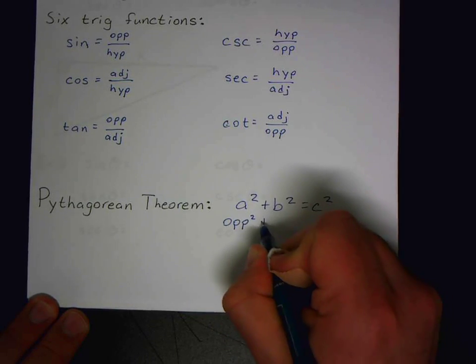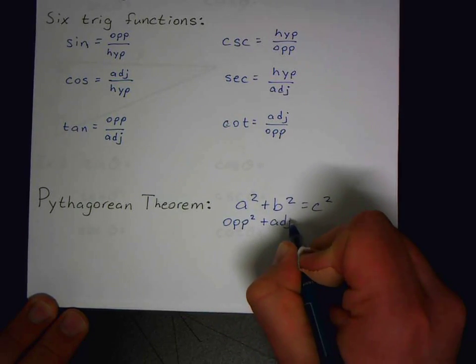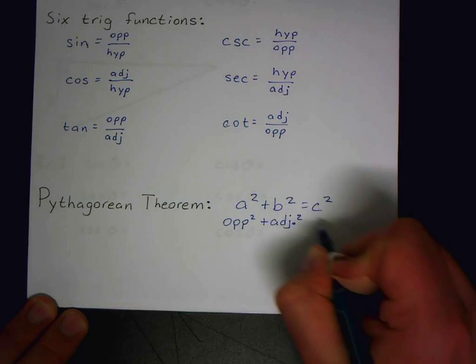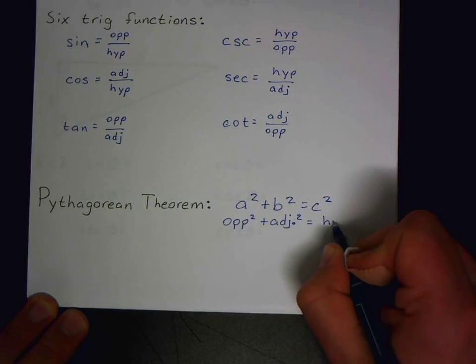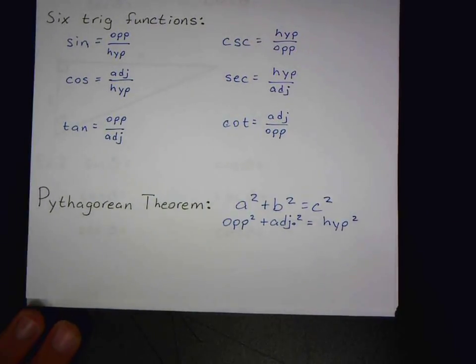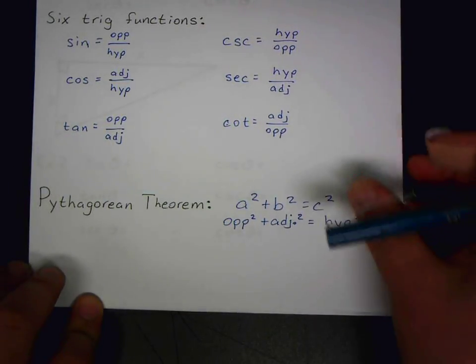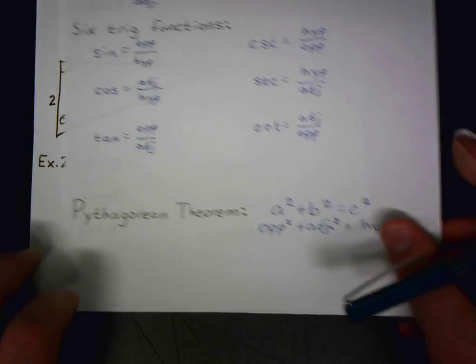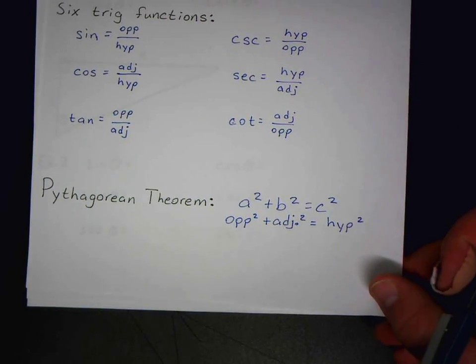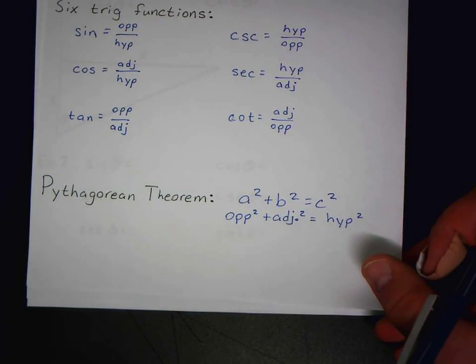Your opposite side squared plus your adjacent side squared equals your hypotenuse squared. Okay, again, I just threw that in there to make you feel like, oh, I got this.